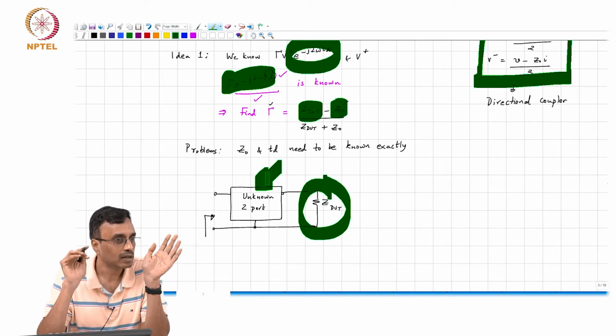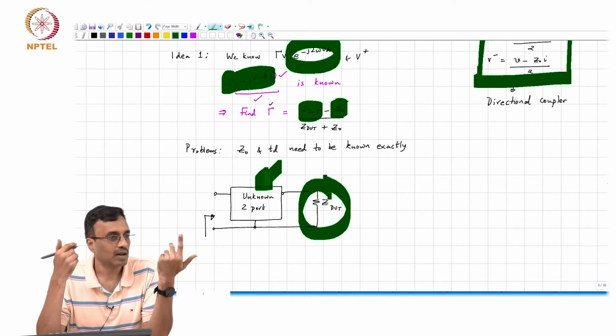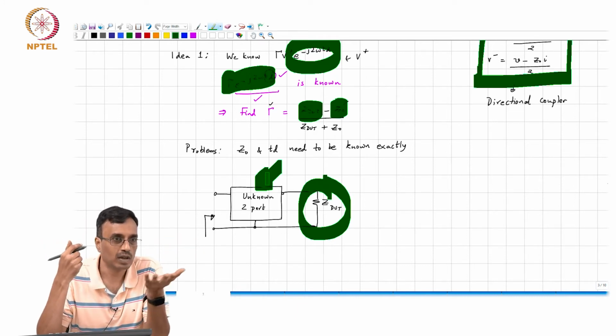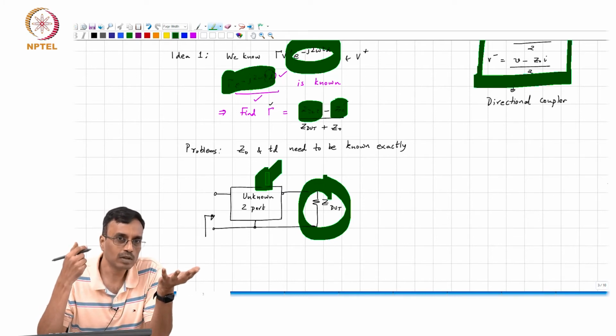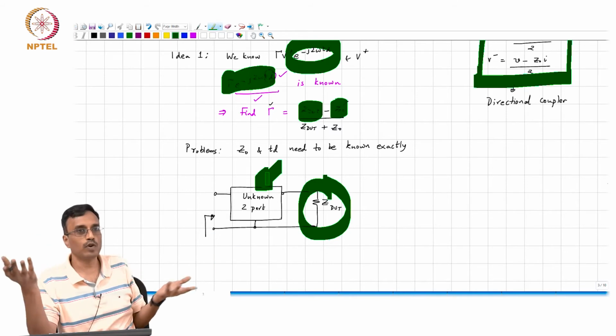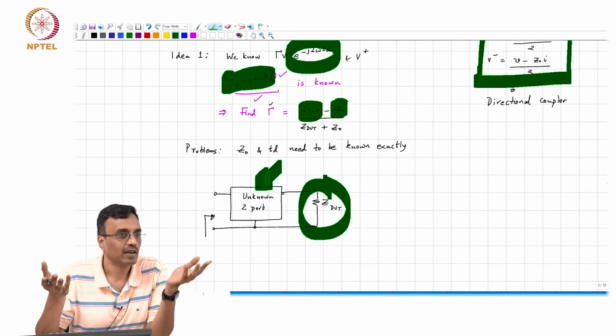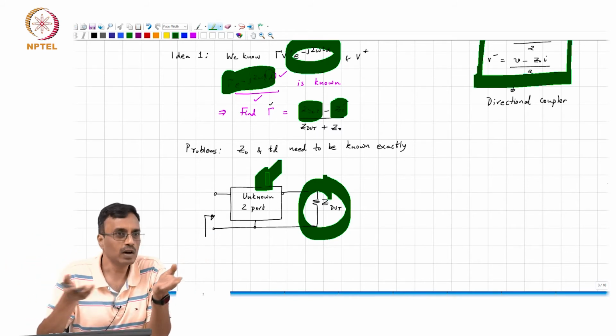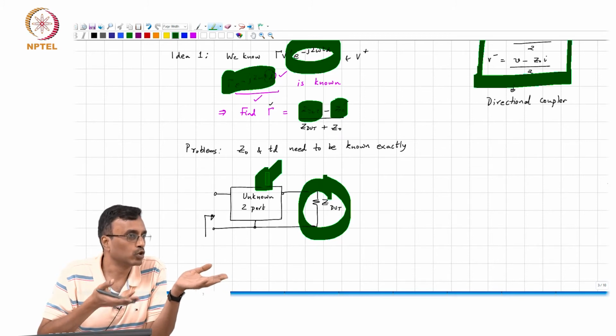So, what do you think we should be doing therefore? Well, obviously with an unknown 2 port you can't make any progress. So, you have to convert that unknown 2 port into a known 2 port.